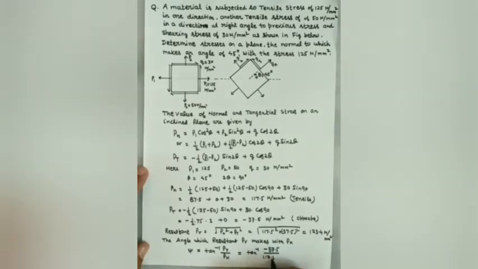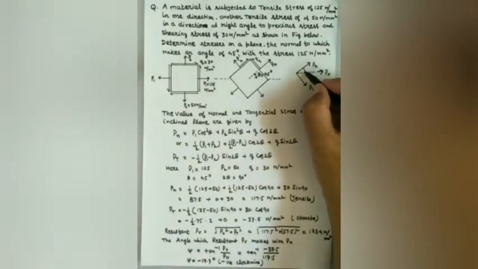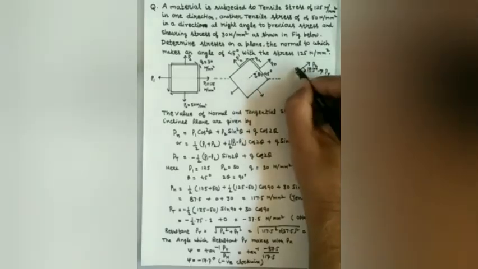This will give a value of psi equal to minus 17.7 degrees. So the negative sign shows the angle is in clockwise direction. So the resultant will be in a clockwise direction from the Pn. So if Pn is in this direction, the angle 17.7 has to be measured in clockwise direction like this.